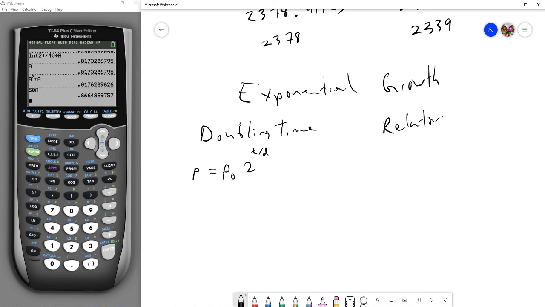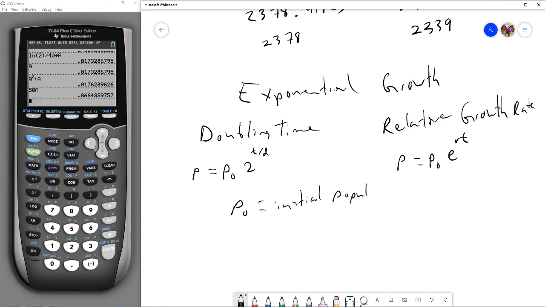So this is P is equal to P naught e to the rt. So in both cases, P naught is equal to the initial population. d is equal to doubling time. And in this case over here, r is going to equal relative growth rate.